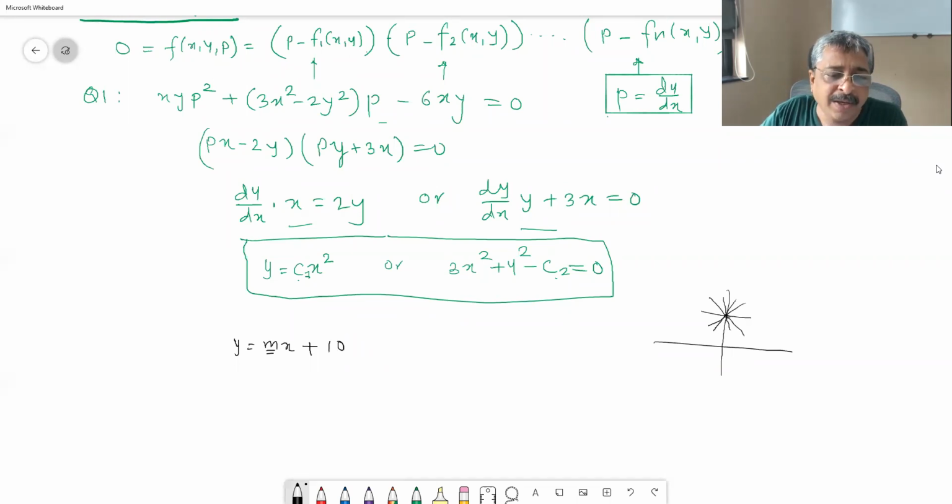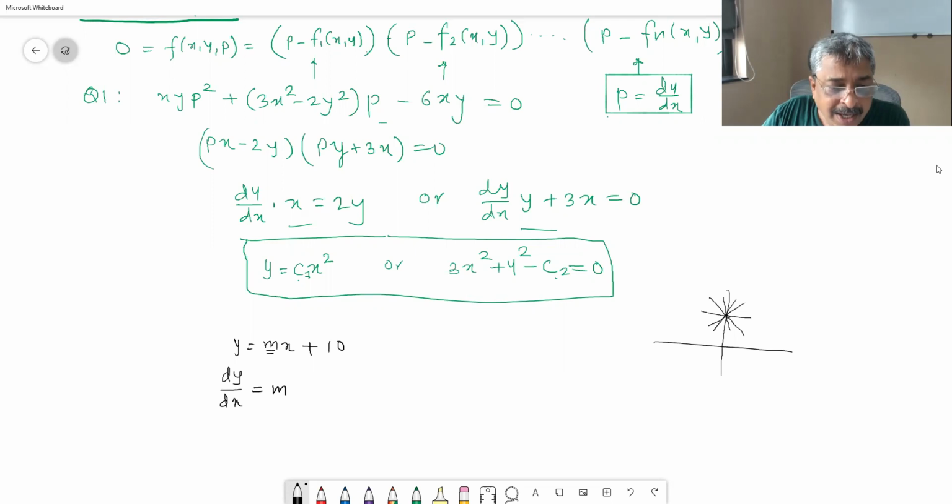So m is my unknown. m is my arbitrary constant. If I want to create a differential equation out of this with respect to x, I do it like this.